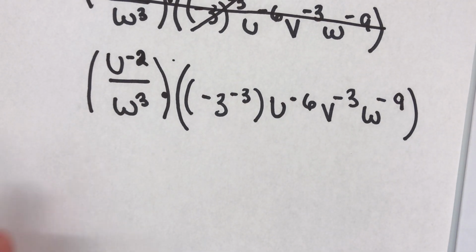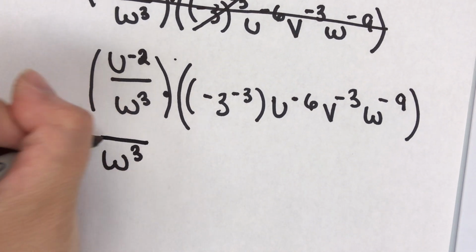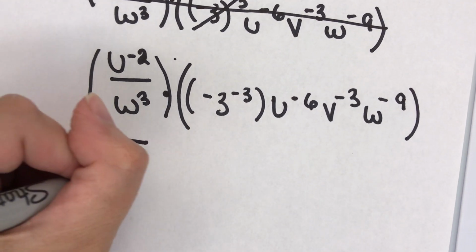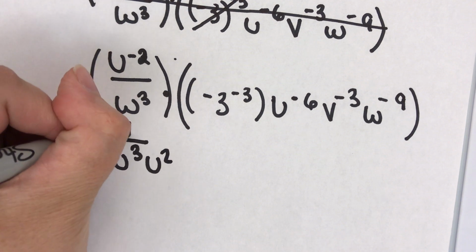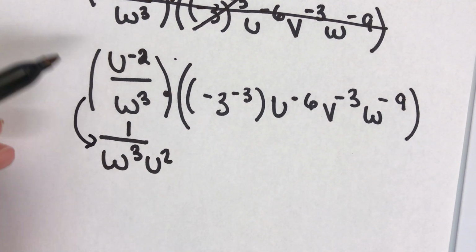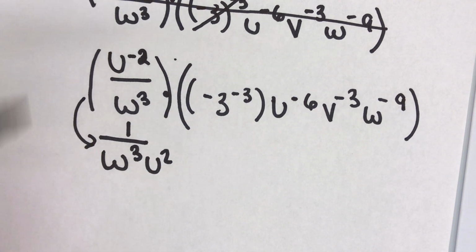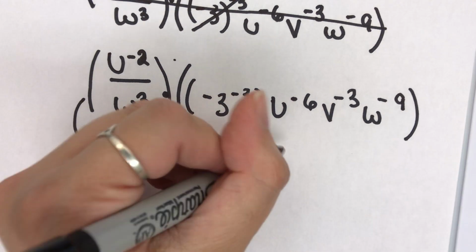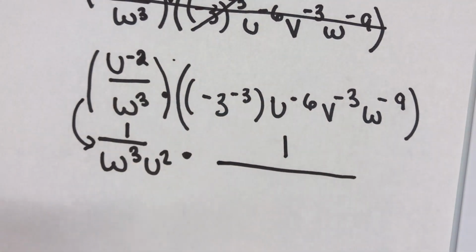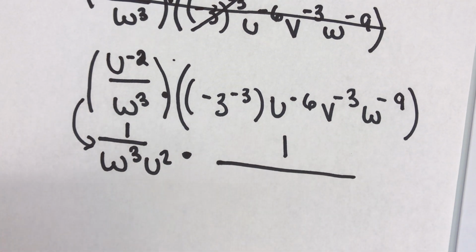All right, I'm going to rewrite this first one as 1 over, that's this first parenthesis. I left the W in the bottom, but I moved the U down, times. I'm also going to rewrite the second one, because if you look in the second set of parentheses, every single one of these has a negative exponent.